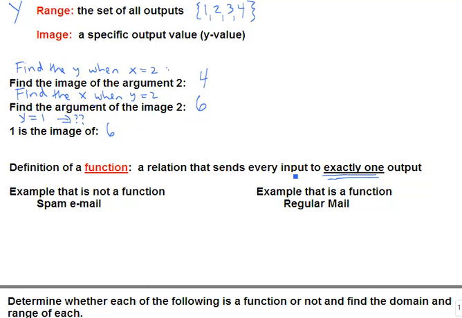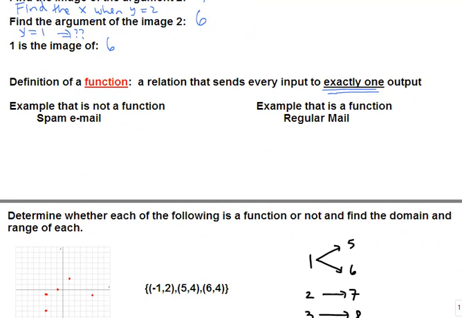So every x value, every input x, gets sent to exactly one y. Let me give you 2 examples here. The first one is going to be an example of something that is not a function, and then I'll give you an example of something that is a function.